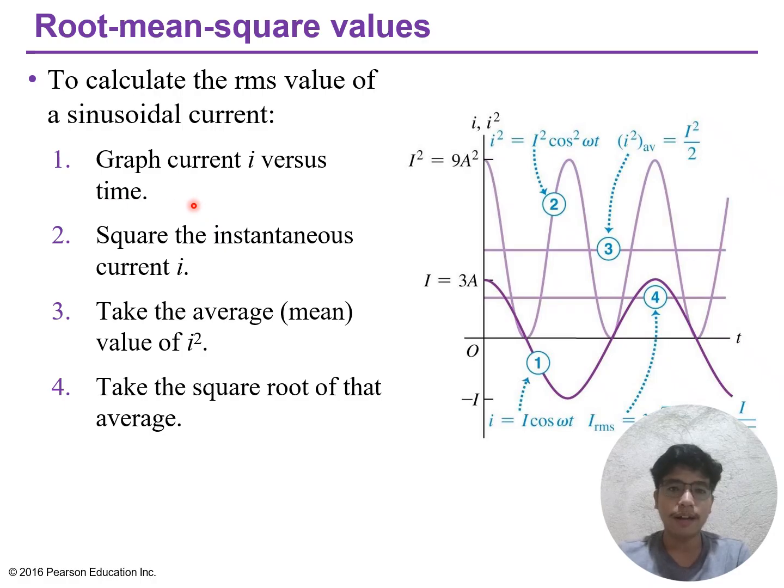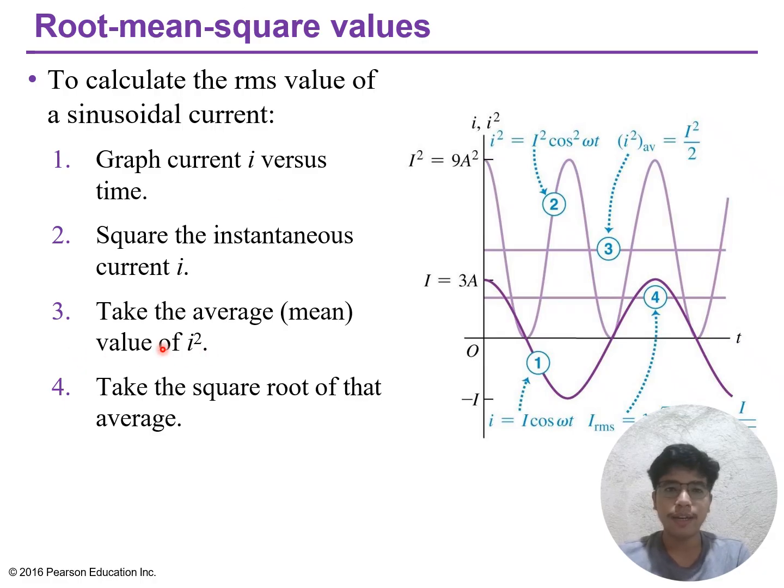First, we graph the instantaneous current I versus time, observing how it oscillates sinusoidally. Second, we square the instantaneous current at each point in time, creating a squared quantity which is always positive.